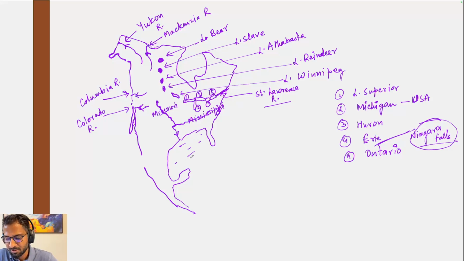This is the Gulf of Mexico, and from the southern part of the Rockies, another river originates and flows southeastward and later on becomes the boundary between the US and Mexico. This river is the Rio Grande. So these are the important lakes and rivers of North America.